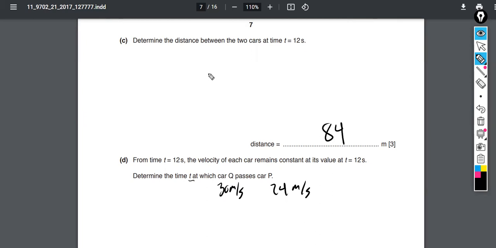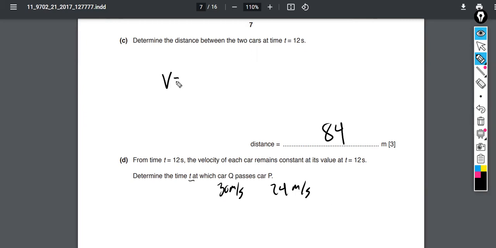So let's think about it, there's probably a lot of different ways to get to the answer here. There's maybe a more efficient path to it than some other ways. So car Q is going, we don't have acceleration anymore, right? So the velocity remains constant, so it makes the physics a little bit simpler in that regard.